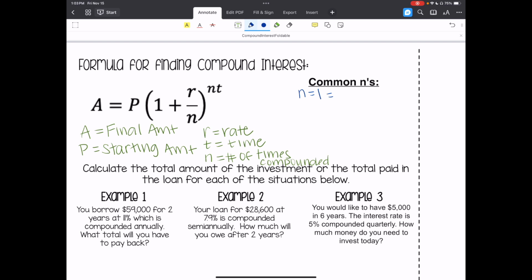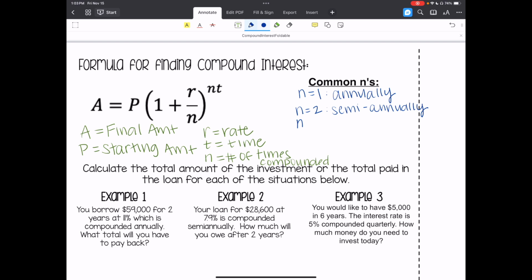So that is annually. Some banks will tell you that they are going to do it biannually or semi-annually. And when that happens, that's twice a year. So your N value would be 2.